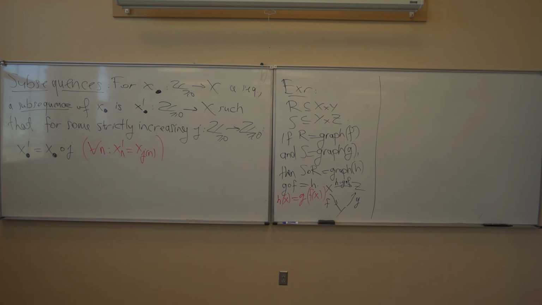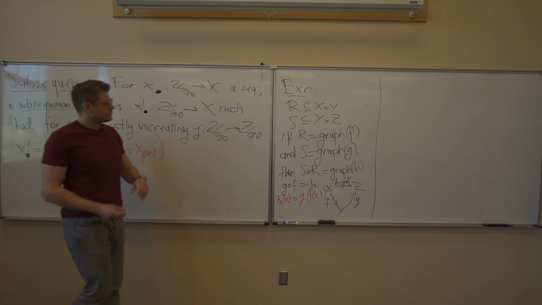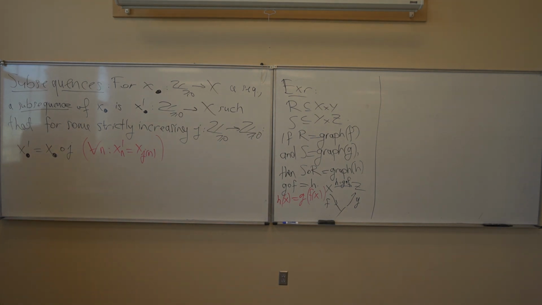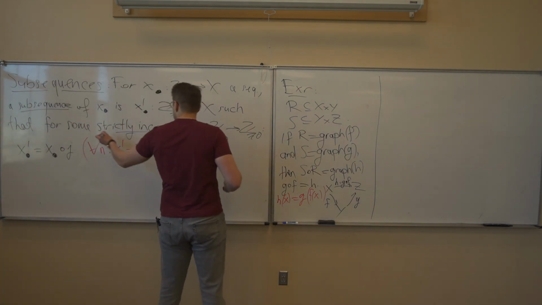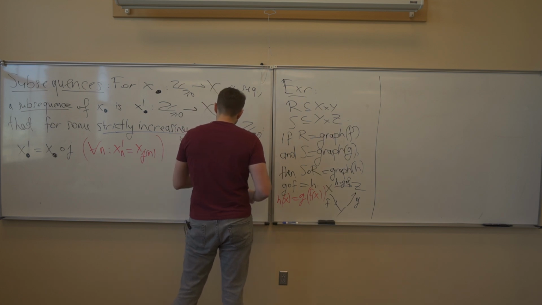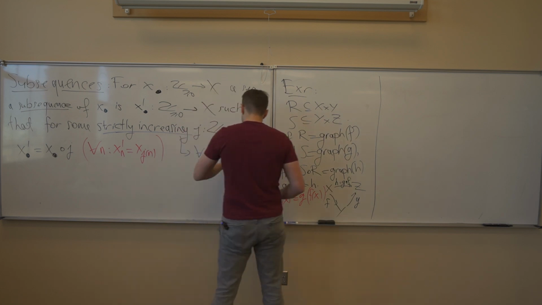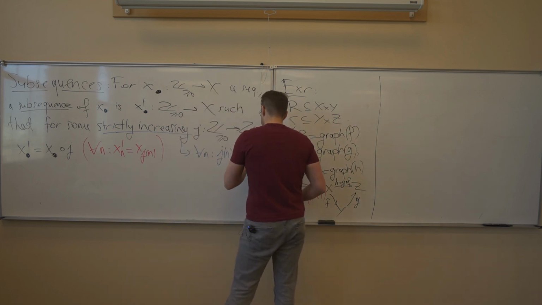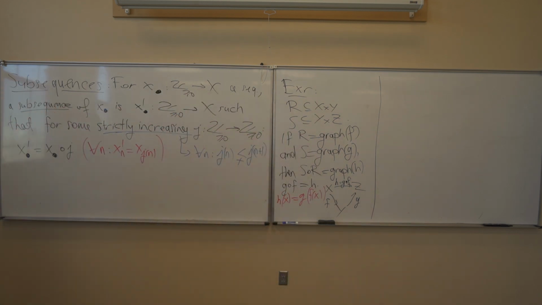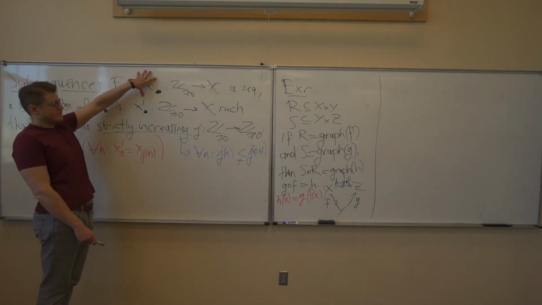Let's also talk about what it means for this function to be strictly increasing. Well, I want, for instance, j of 1 to be strictly greater than j of 0, and so on, right? So this means that for any n, this happens. The point here is that, recall the heuristic was this: this is sort of like my strip of film.